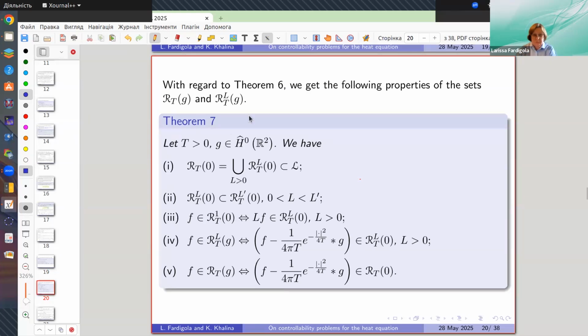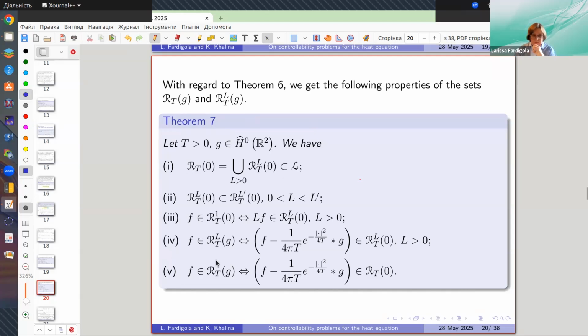We have obtained the properties of reachability sets. The main properties are the fourth and fifth.